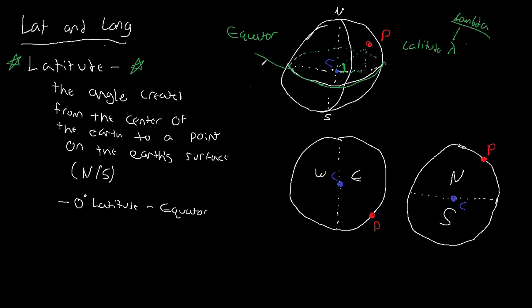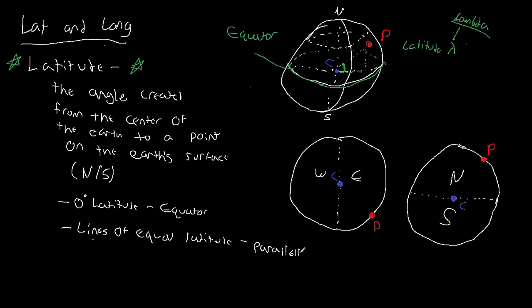Okay, so any other line of latitude, lines of equal latitude, right? So for example, granted this is a really terrible drawing, but this line right here, assuming that it all has equal latitude, that line of equal latitude is called a parallel.